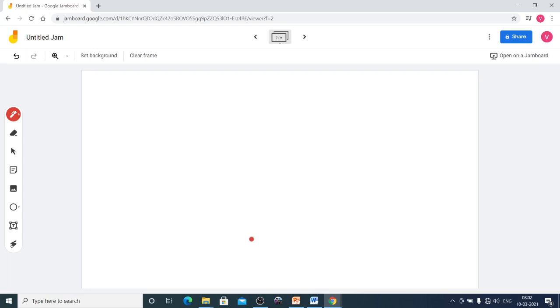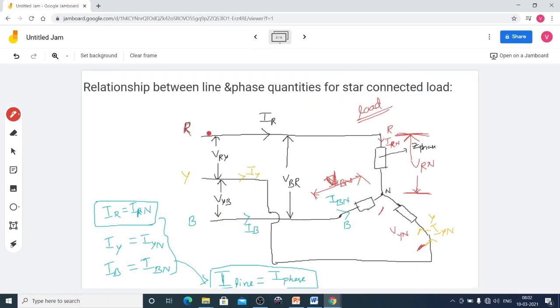In order to establish the relationship between the phase voltage and line voltages, I am considering a simple diagram. Please focus here. I am considering the R phase with its load, and the Y phase, which are connected to the supply. I am considering this portion of the circuit diagram.